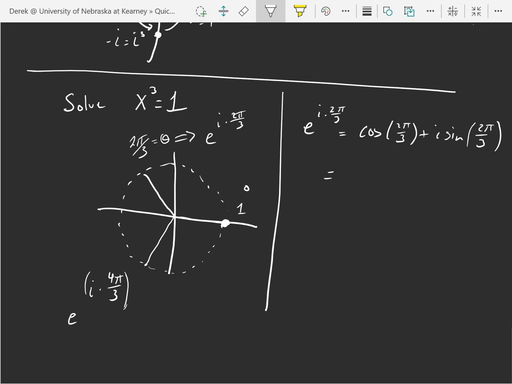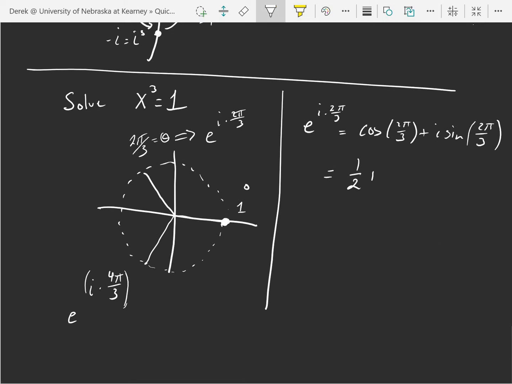That's a 60-degree angle, so the cosine is going to be -1/2 plus the square root of 3 over 2 i. And this one will be similar. e to the i times 4 pi over 3 is the conjugate of the first root, -1/2 minus the square root of 3 over 2 i. And we can do that with degree x to the 5th or x to the 7th or x to the 6th. I can just split that circle up into 6 equal angles or n equal angles and get the n roots of unity.